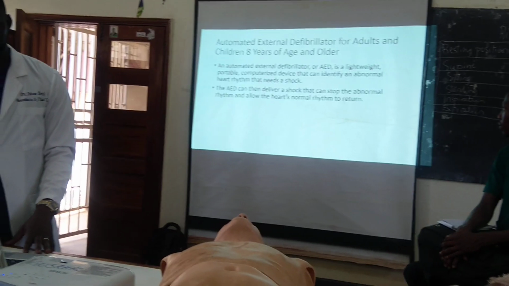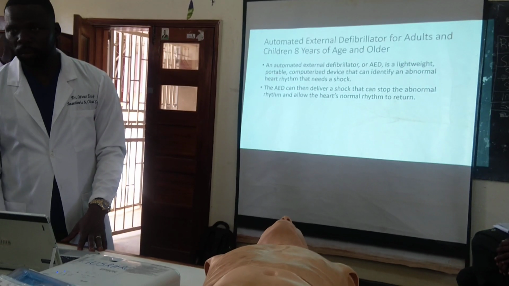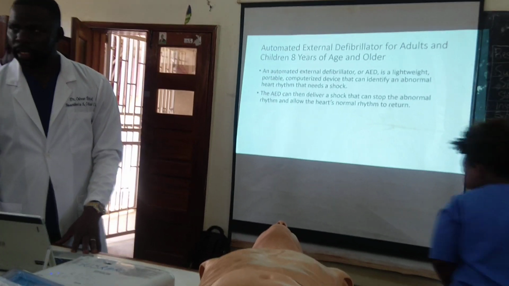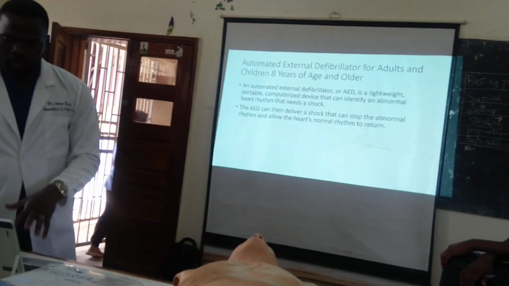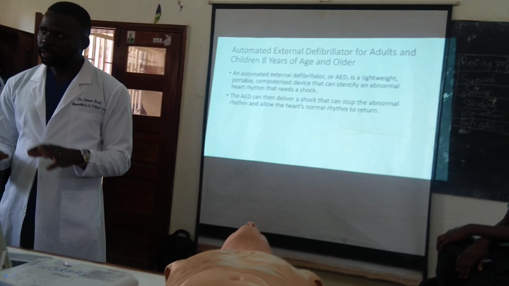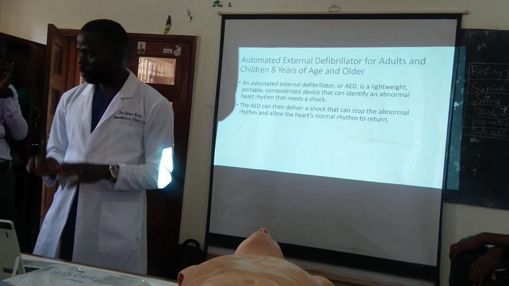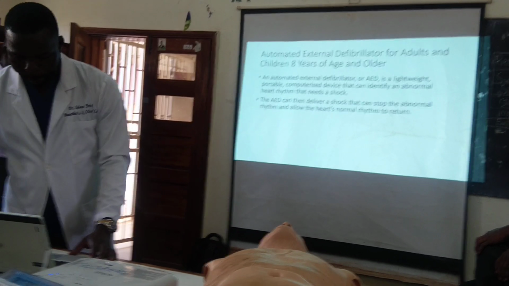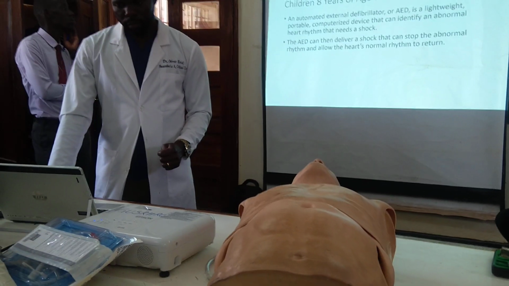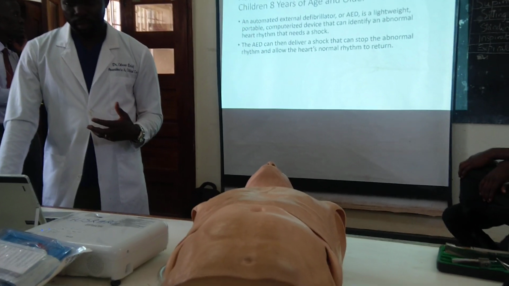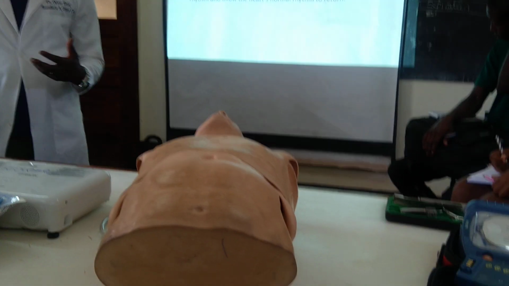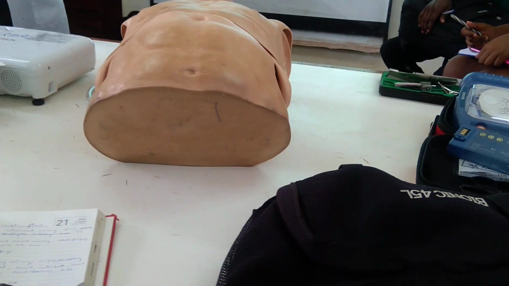Now we are on the defibrillator, the automated one. We already discussed a few things there. We are now emphasizing more on this. And we know the purpose as to why we are using what? Automated external defibrillator. It's a computerized device that can identify an abnormal heart rhythm that needs a shock.